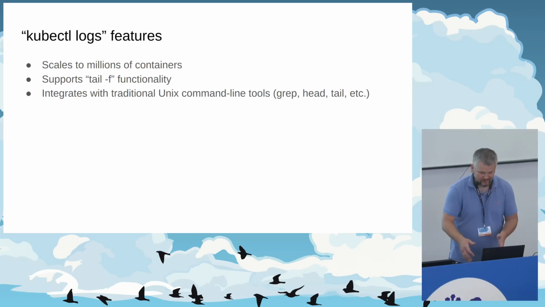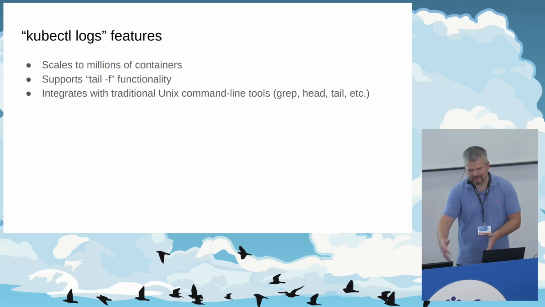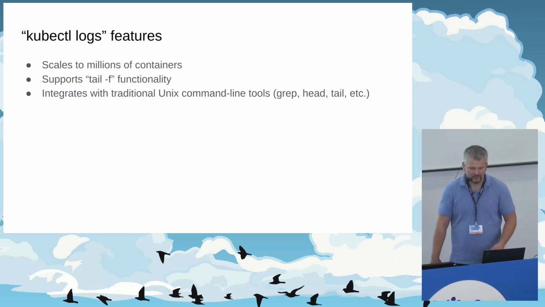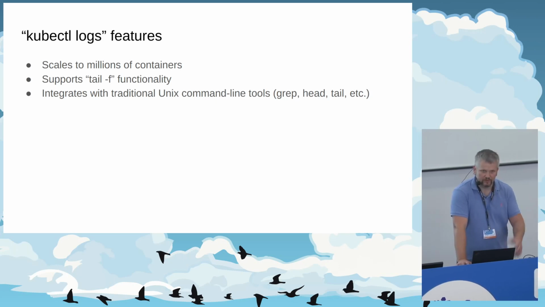You can write kubectl logs -f, so it follows logs for some container, and then pipe these logs to different Unix command line tools in order to further analyze these logs.